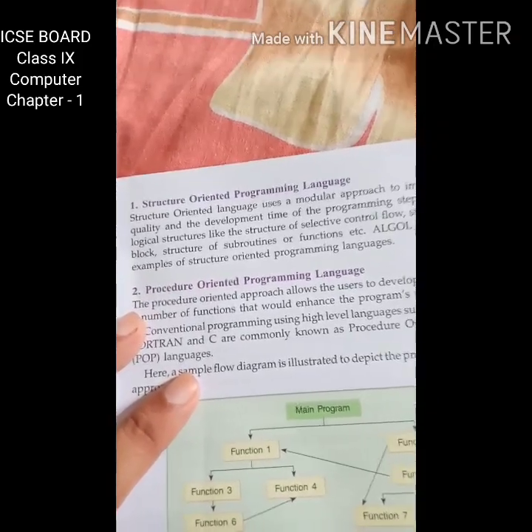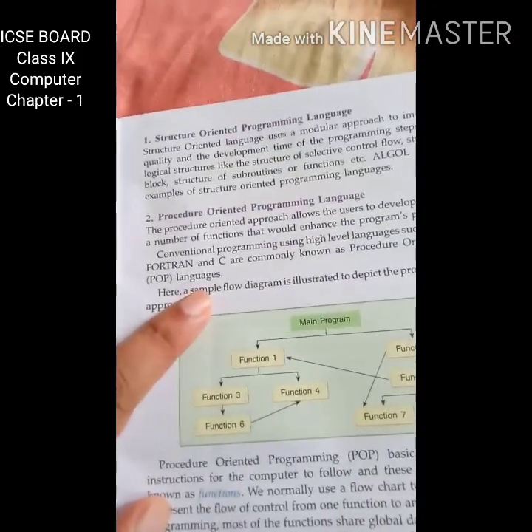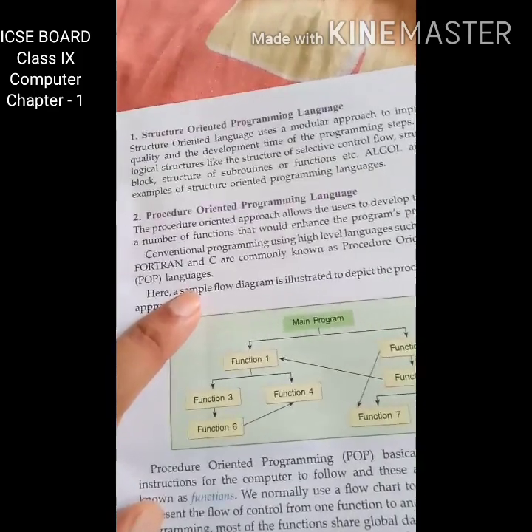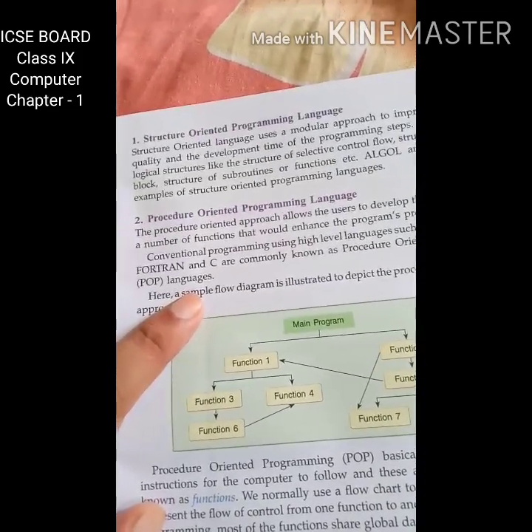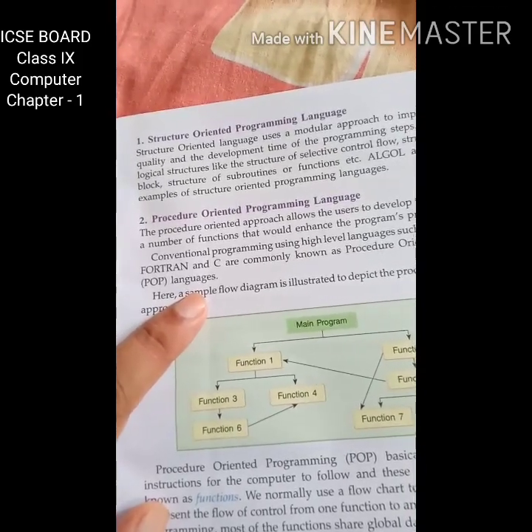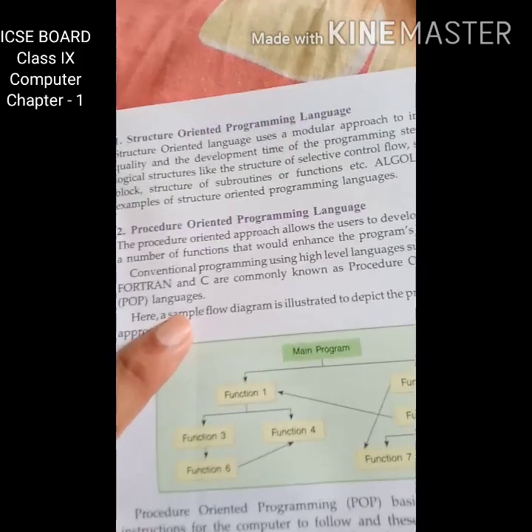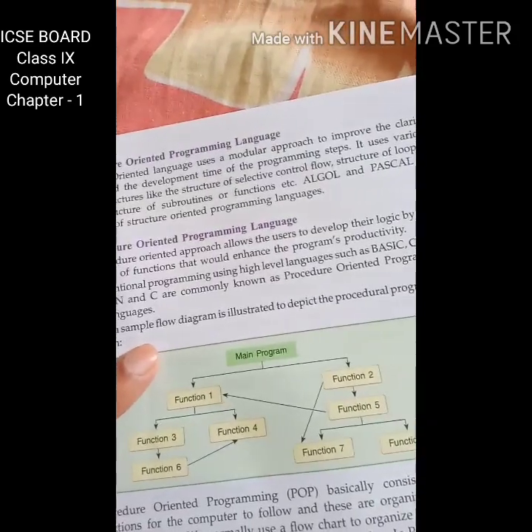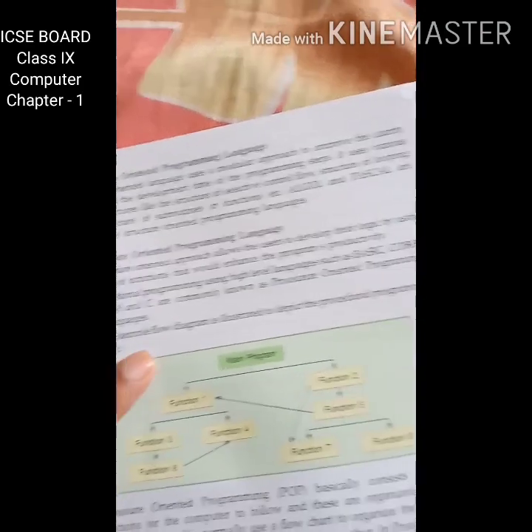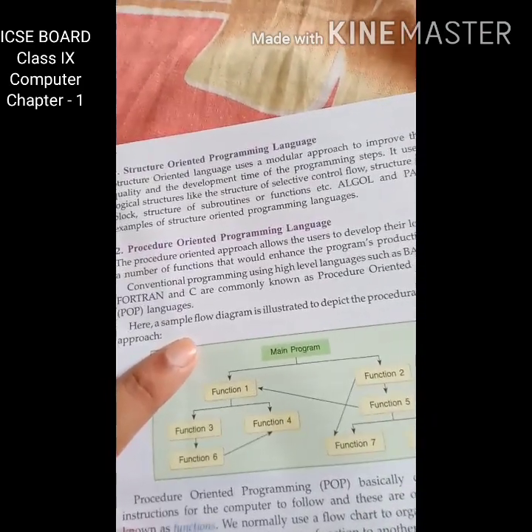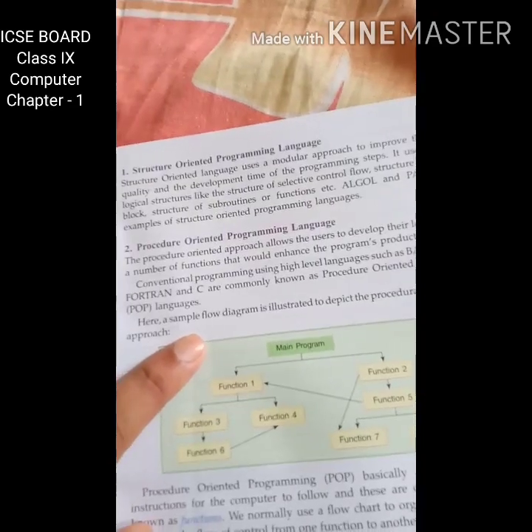And procedure oriented programming languages, it means main emphasis we put on function. Step by step we write program in procedure oriented programming system. Procedure oriented approach allows the user to develop their logic by using a number of functions that would enhance the program's productivity.